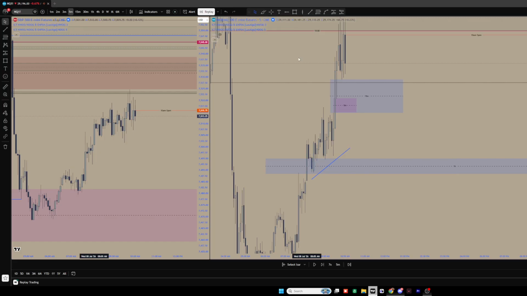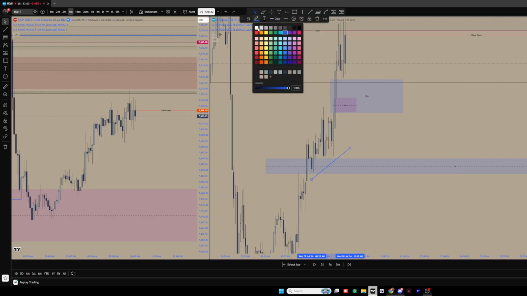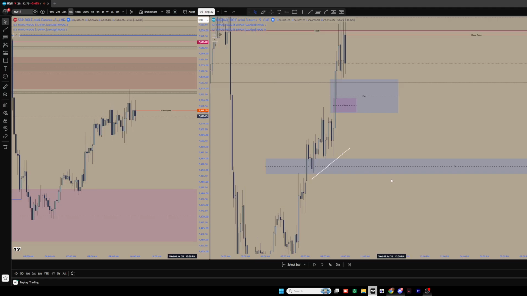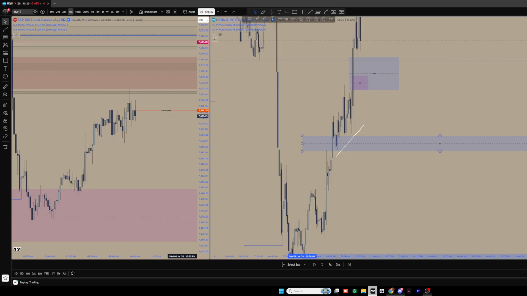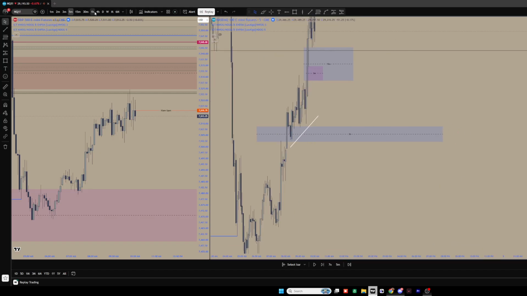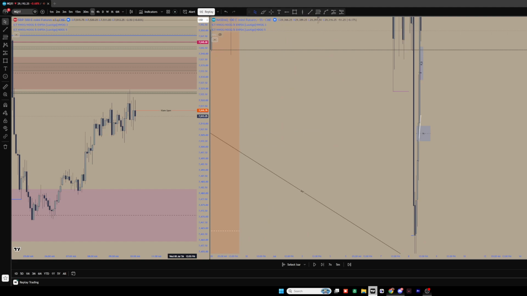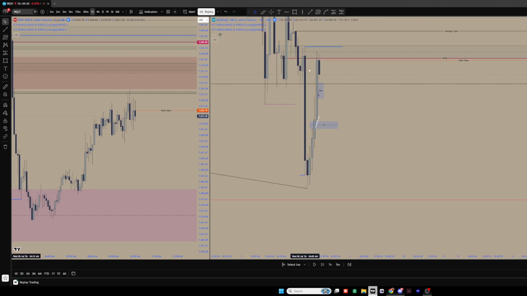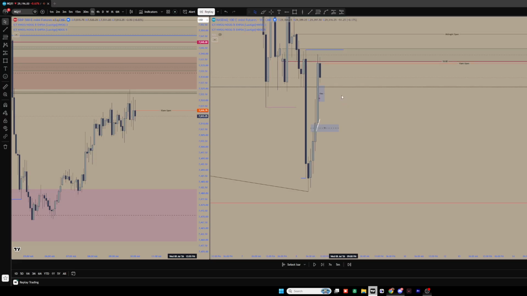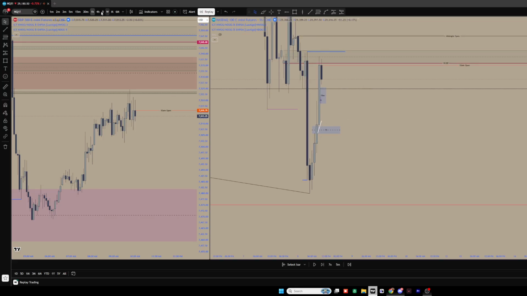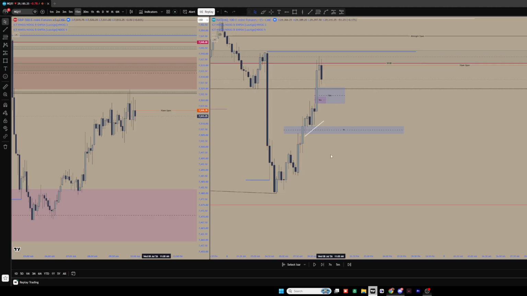So my idea was either we can get a reaction off of this, or we just come through this and then we'll wait for something out of this gap, which technically would have been a lot better of a trade because we were very premium in this 1 hour leg. But we were premium in this 1 hour range, but we were still so close to these highs that I didn't think we were going to come all the way down here.